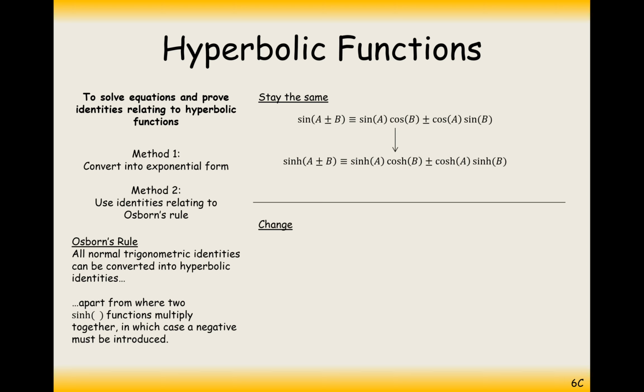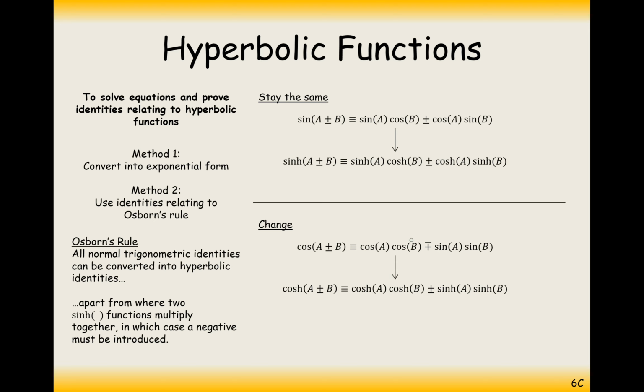We haven't got two sines that are multiplying together. But an example of using Osborne's rule where you have to change the identity is with the cos double angle, because you can see at the back here it is two sines that are multiplying together. So when I change this into a hyperbolic trig identity, I'm going to have to introduce a negative coefficient here because I have two sines multiplying together. So this is how this identity would be converted using Osborne's rule.